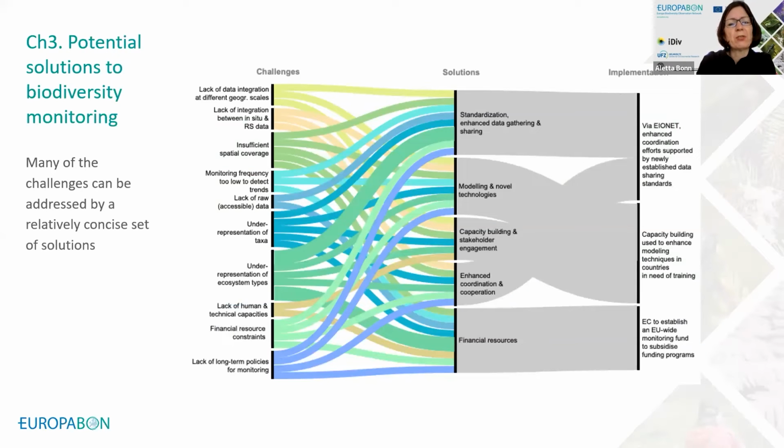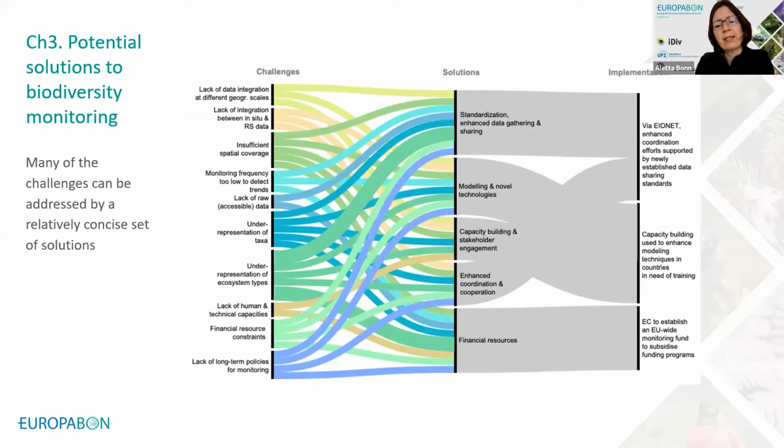So potential solutions can be five different ones, which in the next slide I'm going to explain in more detail. But these are linked to three implementation initiatives of the European Commission. So enhanced coordination efforts via IONET, supported by newly established data sharing standards.